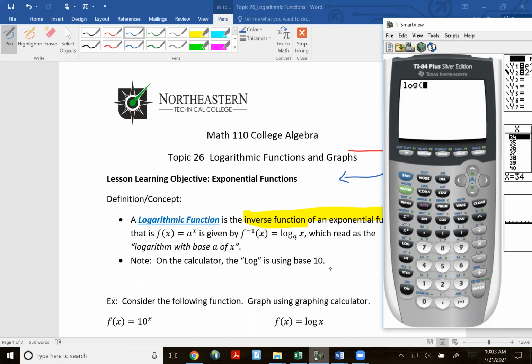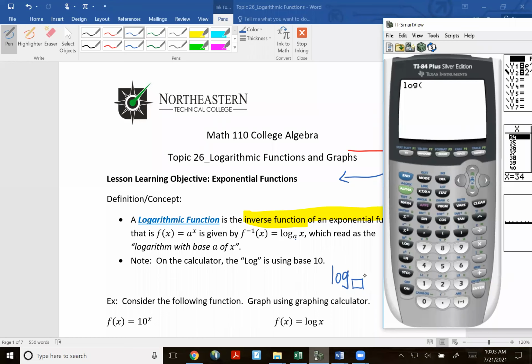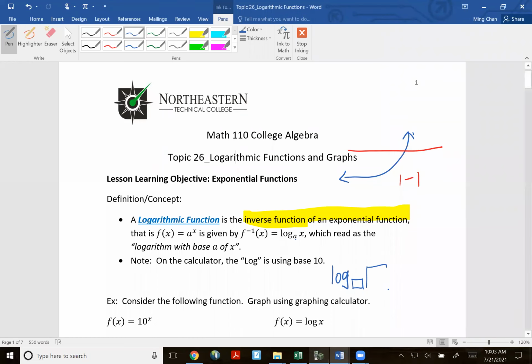Now, if your calculator displays log with a little box, then that box allows you to type in any base you want. But my calculator doesn't do that. My calculator does not allow me to type in any base.